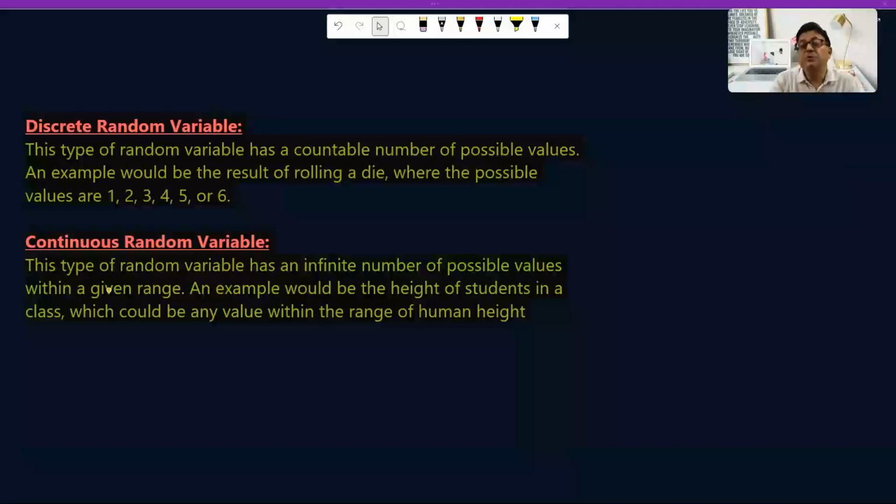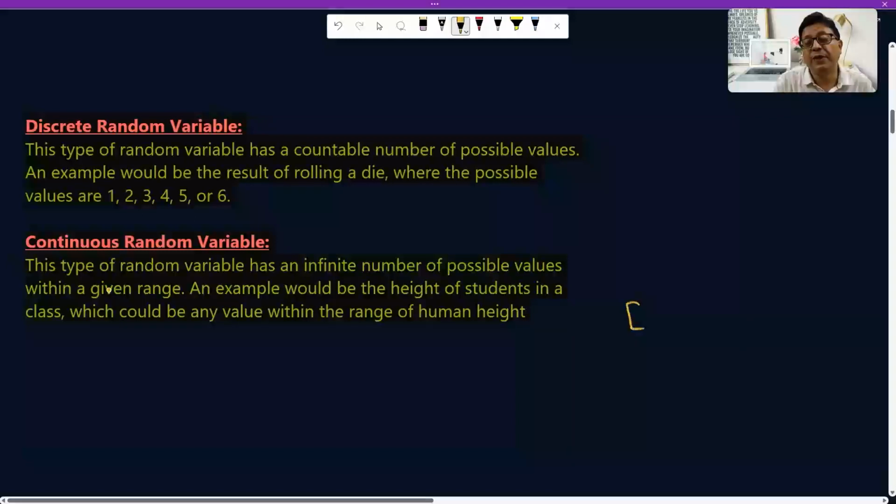Like suppose in a community you are measuring the height of boys in the community. Then in the community, say 5 lakh people, you are taking data for say 1 lakh boys. Their height will be lying in an interval. Like their height may lie between say 4 feet to 6 feet.